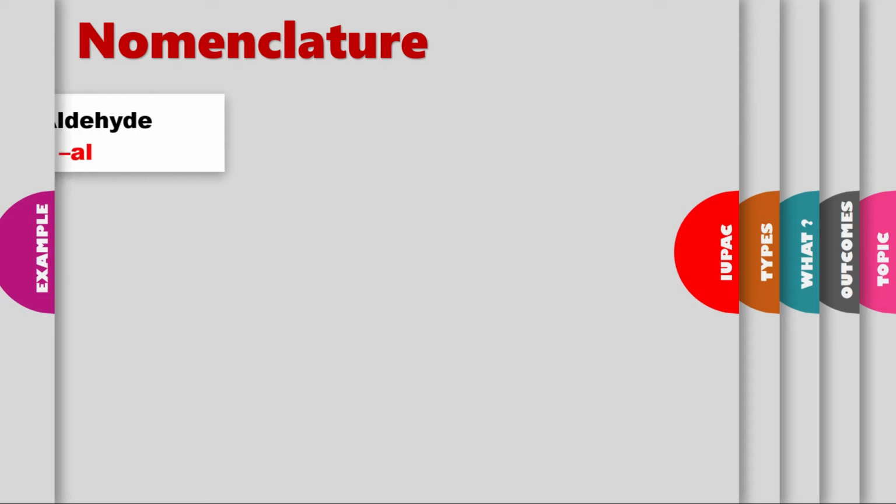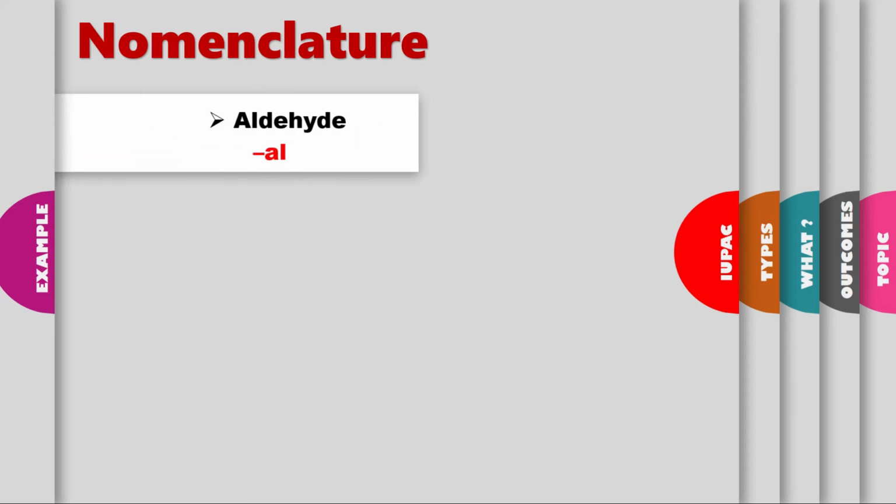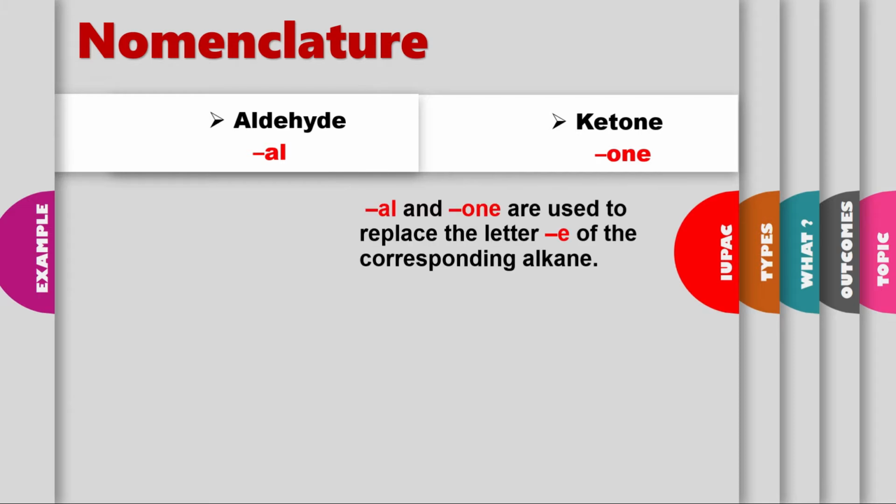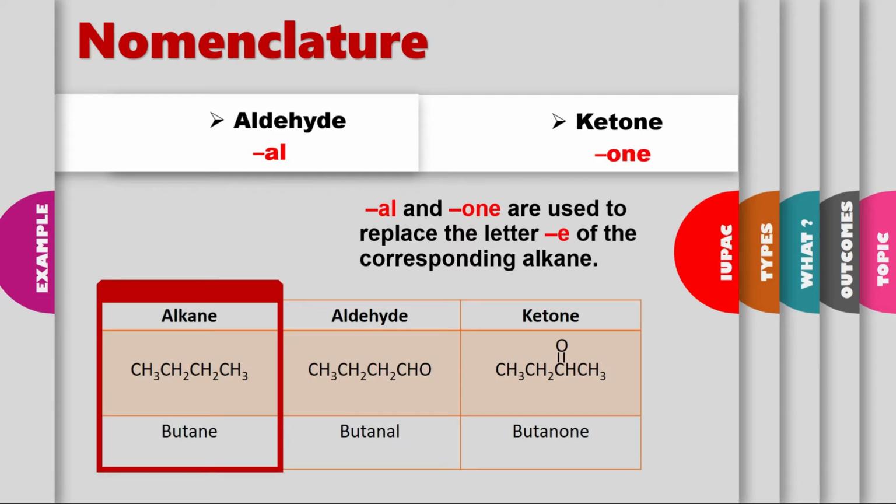To give the IUPAC name for aldehydes and ketones, the suffix -al and -one are used to replace the letter e of the corresponding alkane. For example, an alkane with 4 carbon, the IUPAC name is butane.